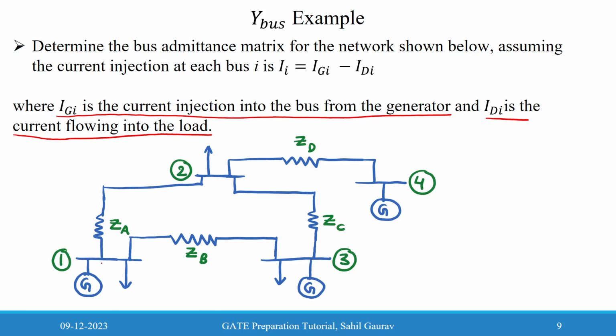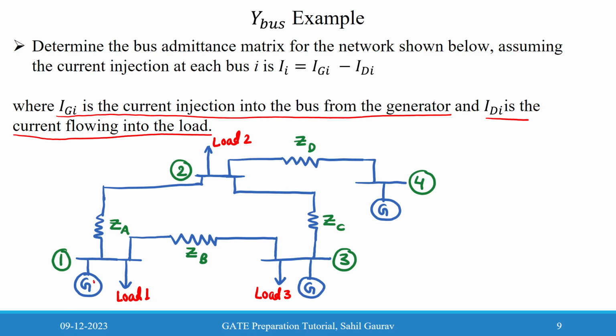Here one generator is connected, and here we can say load 1 is also connected to bus 1, and another load is connected at bus 2, and another load is connected at bus 3, and at the fourth bus one more generator is connected.